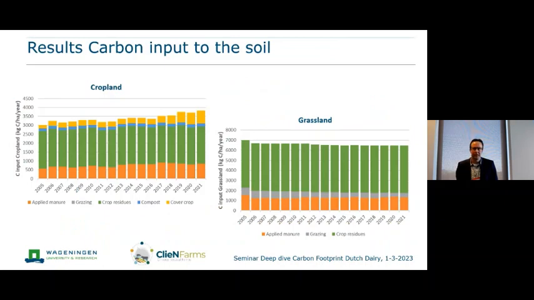Overall for cropland, we see an increase in the carbon inputs, which is mainly due to an increase in the use of cover crops, especially over the last years. In grassland, we see a slight decline. But we have to say this is from the period 2005 until now, whereas in the paper we started at 1990.